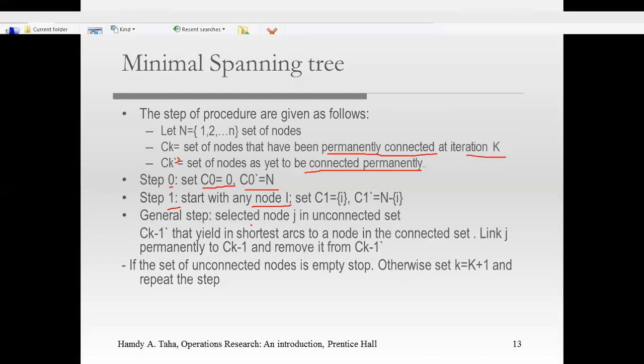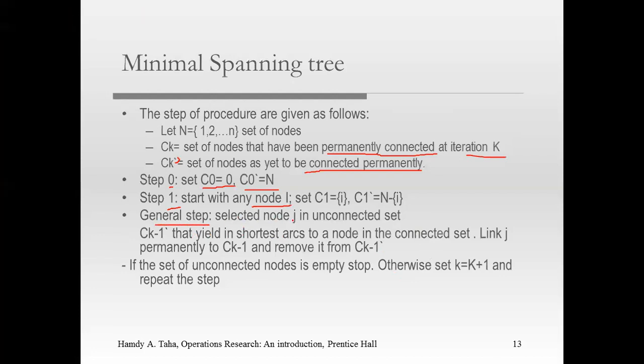After that, the general step is to select node j in the unconnected set C_(k-1) prime that has the shortest arc to a node in the connected set C_(k-1), and then link j permanently to C_(k-1) and remove it from C_(k-1) prime. Remember, we have without apostrophe and with apostrophe. And then if the set of unconnected nodes is empty, stop. Otherwise, set k plus 1 and repeat the step.